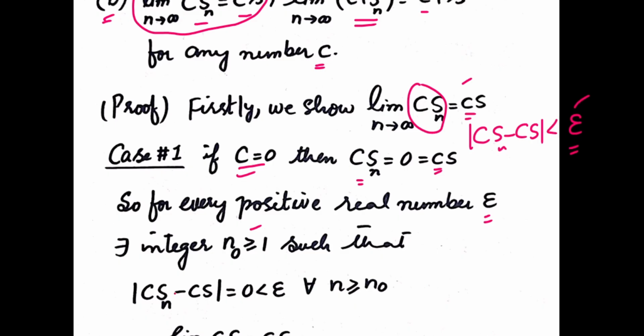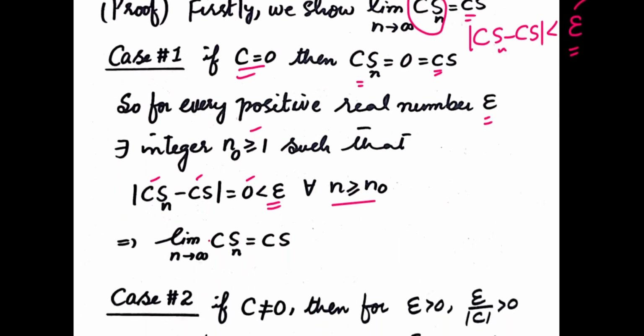So when you consider C times Sn minus Cs, as this is 0 and this is also 0, their difference is 0. As epsilon is a positive real number, clearly 0 will be less than epsilon for all n greater than or equal to n naught. So this shows that the limit of Csn is C times S.